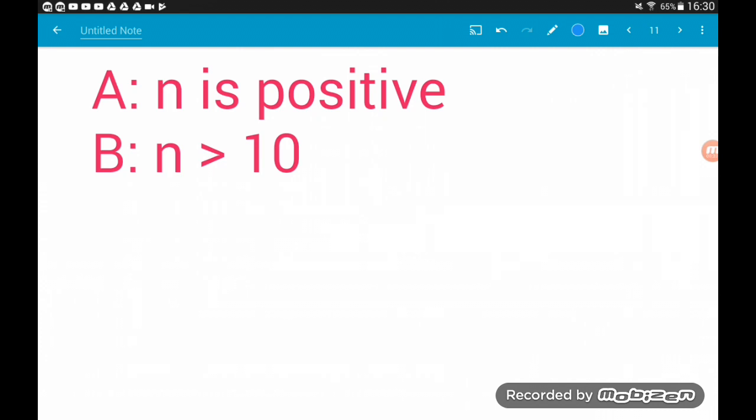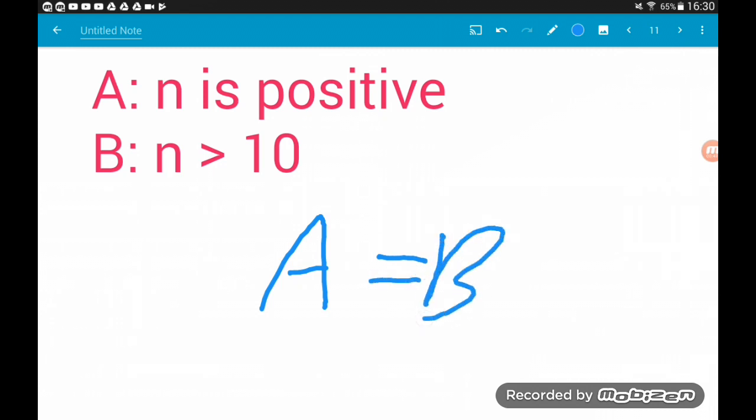If n is positive, is it definitely greater than 10? No. Let's check the other way around. If we know that n is greater than 10, do we know that n is positive? Yes, we do. Anything bigger than 10 is positive. So, our relationship between these two statements is B implies A. Okay, let's look at another one.